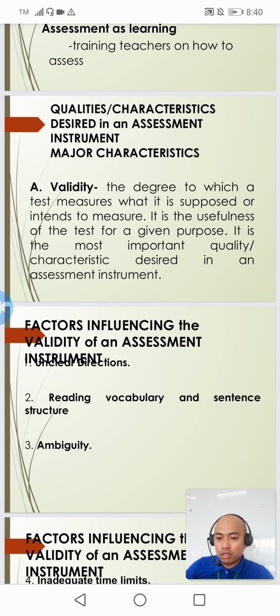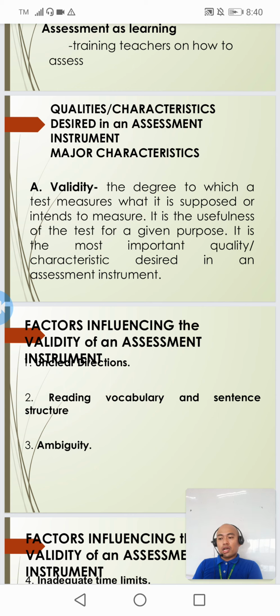Another method is content validation. Is the test fully representative of what it aims to measure? That will be our guiding question as far as content validity is concerned. It assesses whether a test is representative of all aspects of the construct.